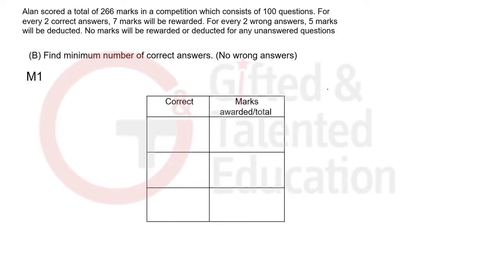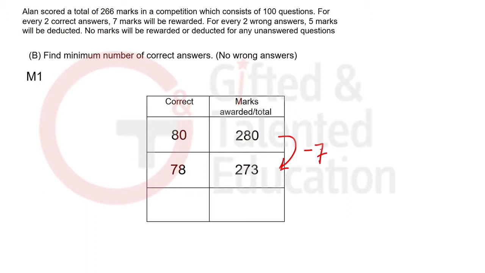In this case, we try 80, giving us a total score of 280, and we know this is not correct because his total score is 266 and 280 is too big, which means that we should reduce the number of questions answered correctly. In this case, we try 78, giving us a total score of 273. Although this is also not equal to 266, we notice that we're getting closer by 7 marks.